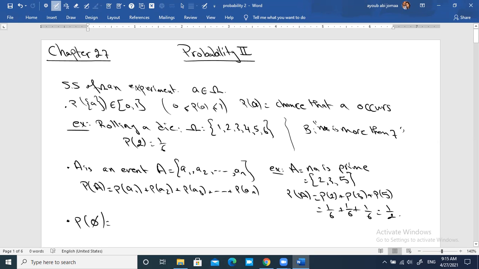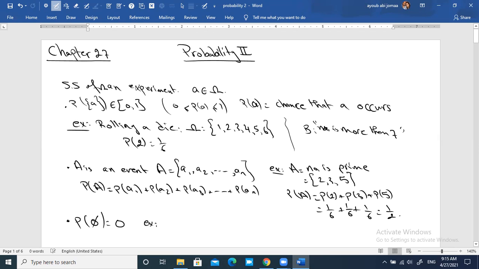Is there a chance that B occurs? Is it possible to get a number more than 7 in rolling a die? Surely not. You can't get a number higher than 7, because it's impossible. So there's no chance to get a number more than 7. So the probability is 0.